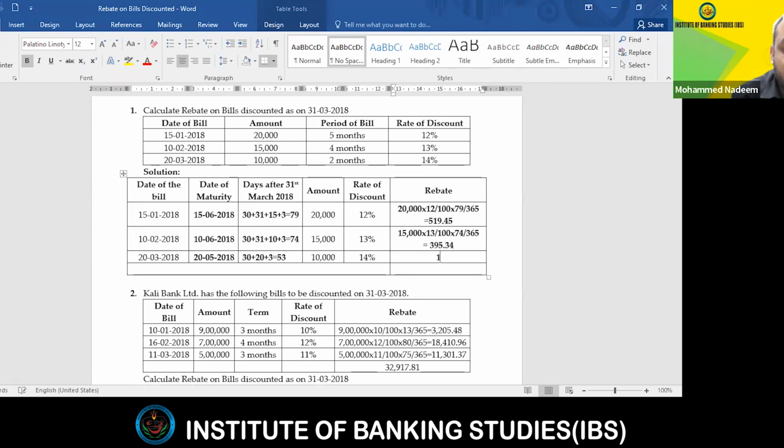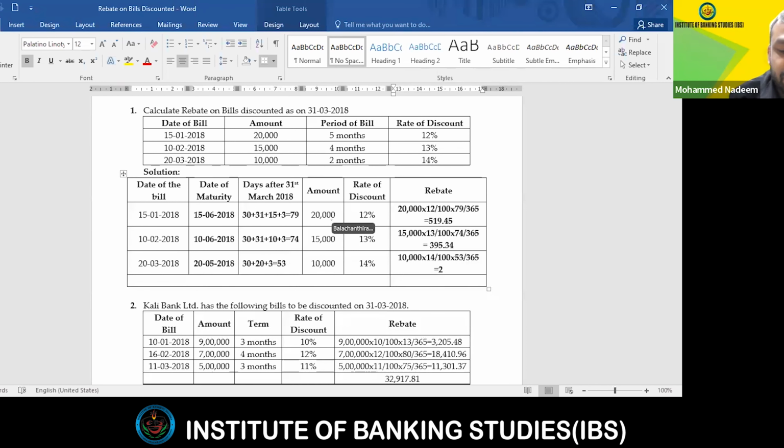Next is 10,000 into 14 divided by 100, into 53 divided by 365 days. How much is coming? 203.28. Total all these values now.